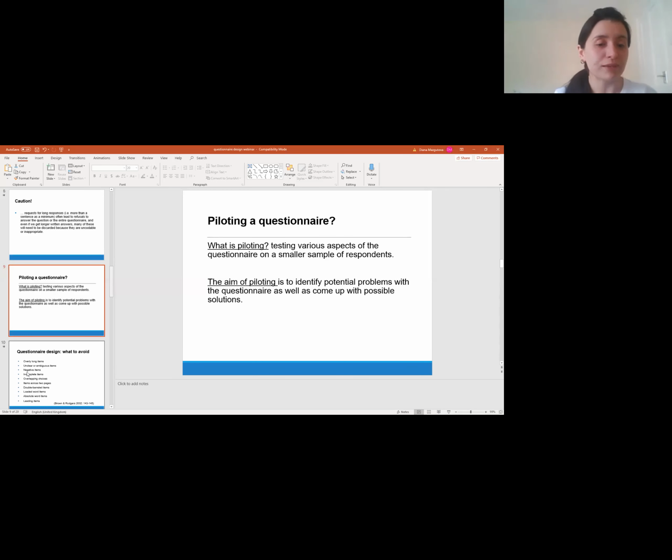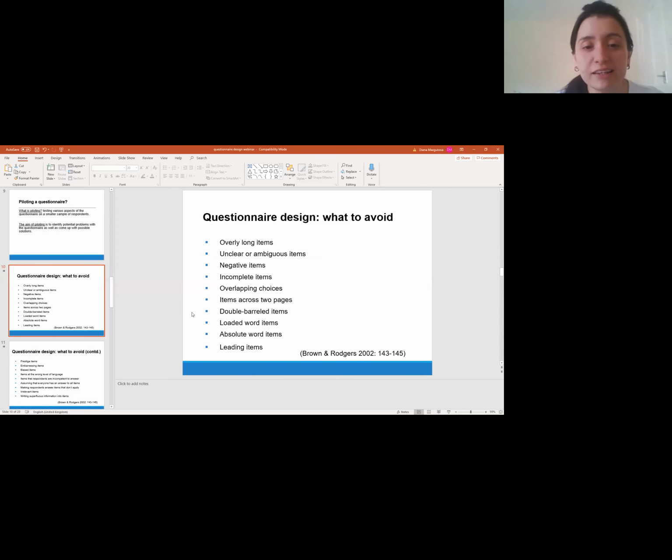Okay, let us move then to questionnaire design and what we should avoid. Another very useful source is Brown and Rogers' book, which I will include on the last slide. They suggested a few problems, or types of mistakes, that we should avoid. One of the obvious mistakes is very long items.